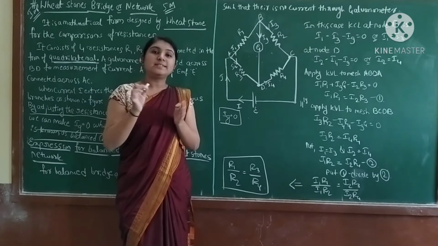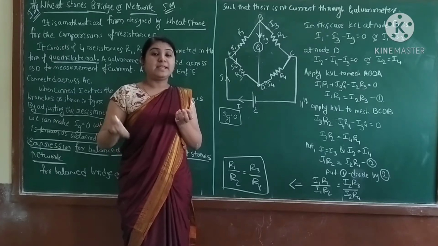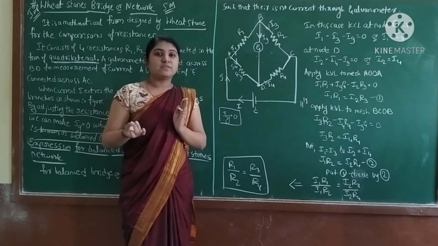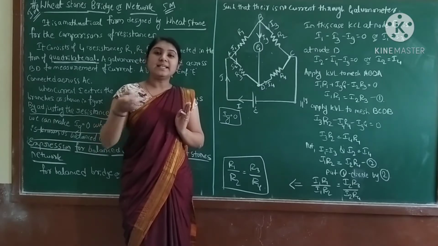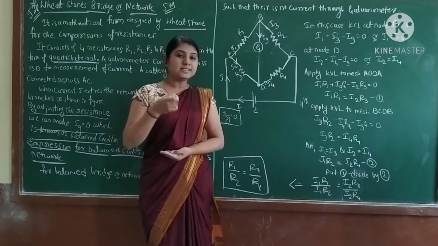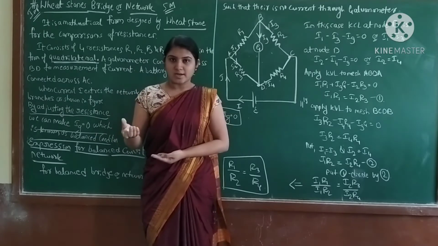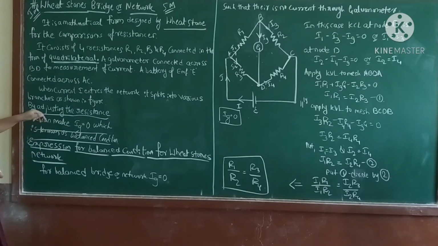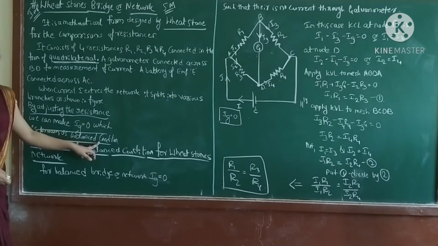What is the balanced condition? Making the resistors adjust and IG will become 0. That is the balanced condition for this network. Understood? So here, by adjusting the resistance, we can make IG equal to 0, which is known as a balanced condition.